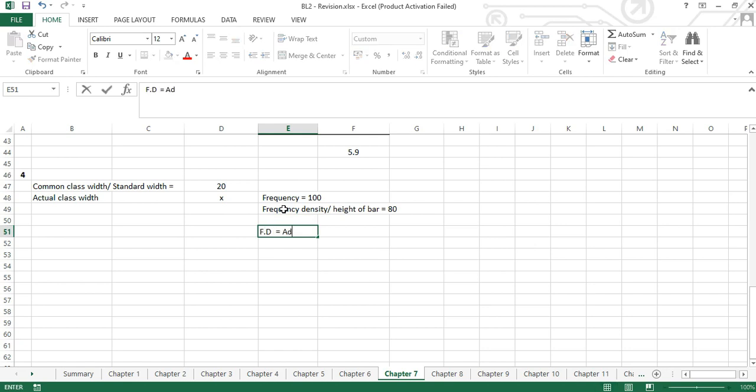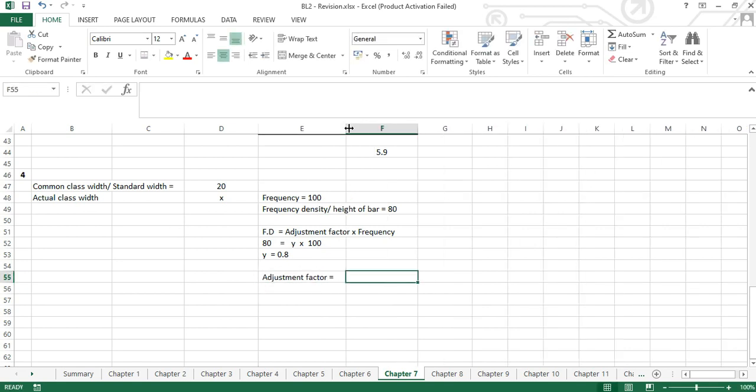So how to get frequency density? Frequency density equals adjustment factor multiplied by the frequency. We know the frequency density is 80 and the adjustment factor we don't know, but we do know the frequency is 100. Let's put the adjustment factor as y. So the adjustment factor is 0.8. Then what's the formula for the adjustment factor? It is linked to class width.